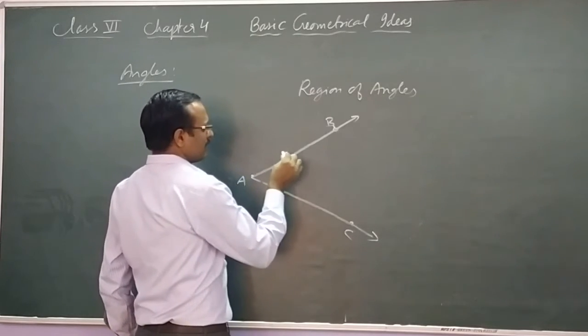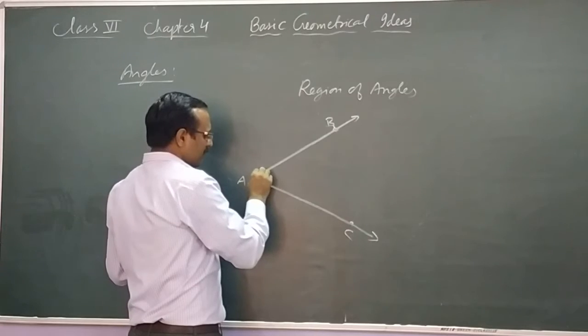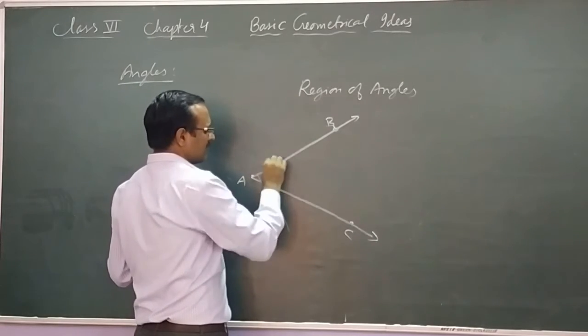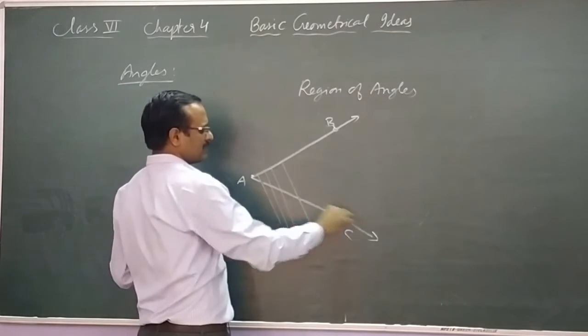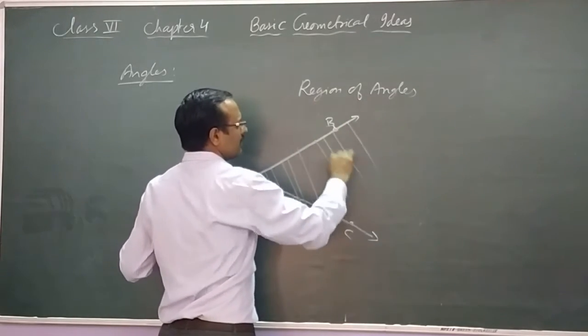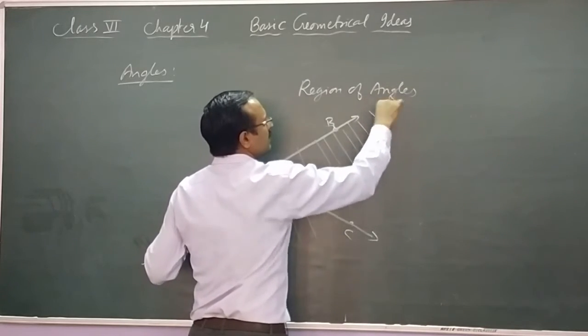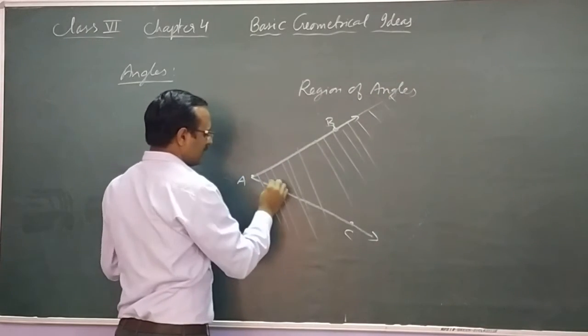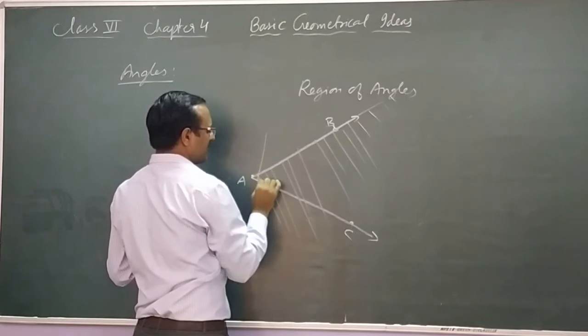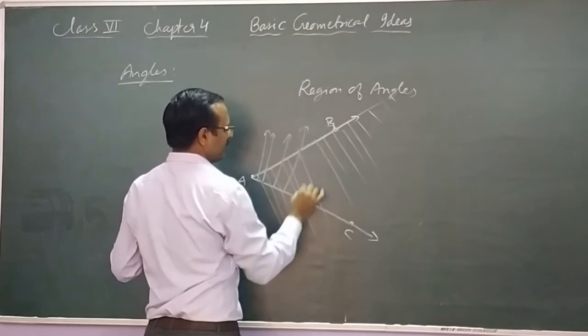What you can do now, you can shade below this line like this towards the ray AC, and because it is going infinite, you can continue further. Okay. Similarly, if you shade upside towards AB, the shading will be done like this.